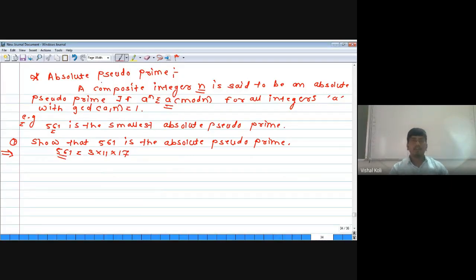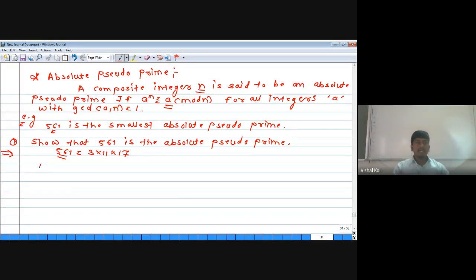Okay, so according to the definition of absolute pseudo prime, we have to prove a to the power n is congruent to a modulo n for all integers a with GCD of a and n equal to 1. So here we have to choose one integer a having GCD equal to 1 with 561.